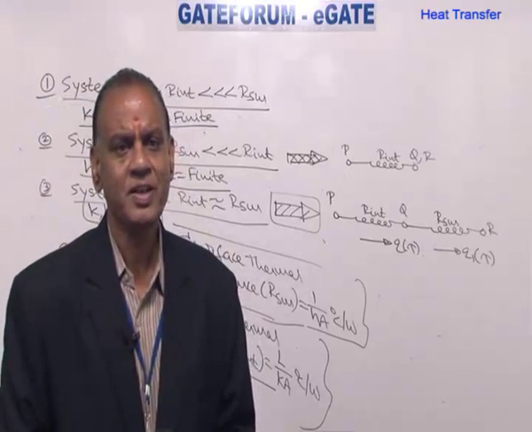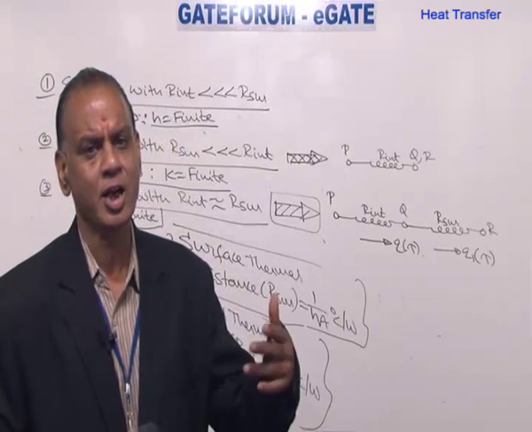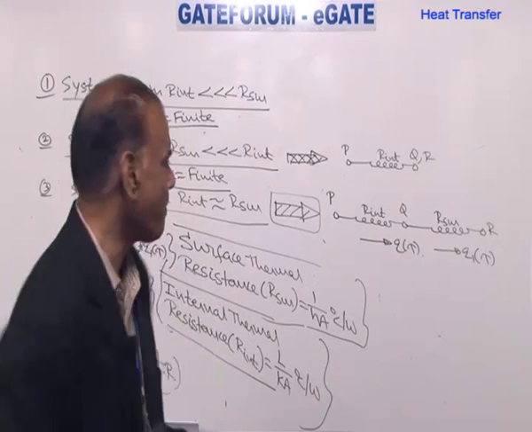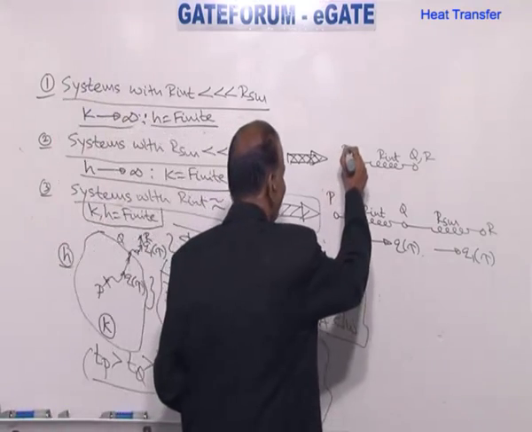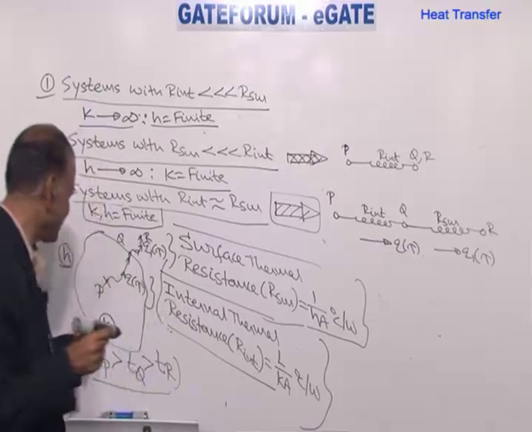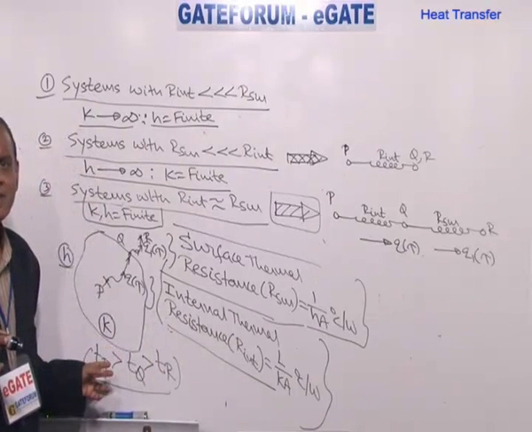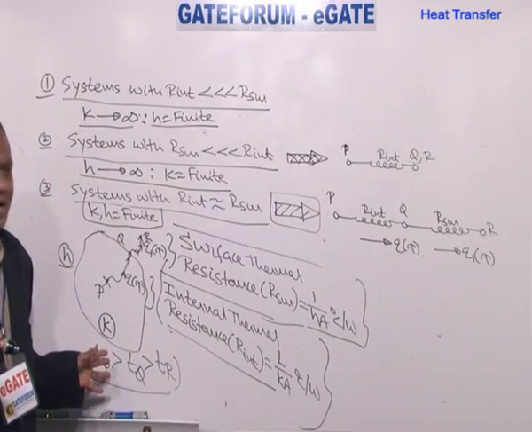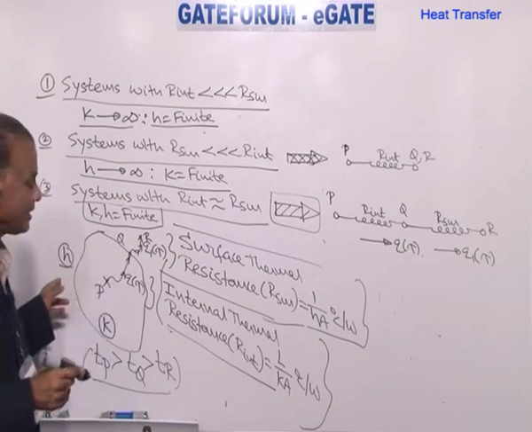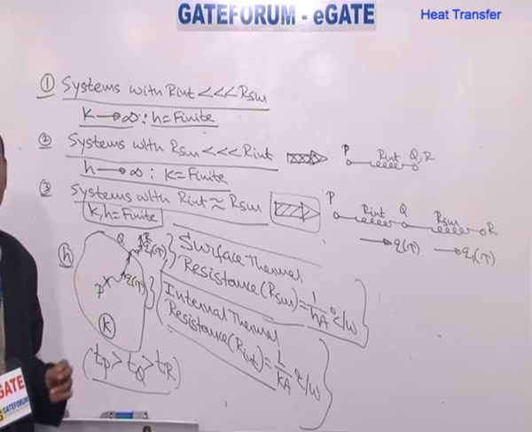Why R surface is 0? It's very, very small. Why is it very small? H is very large. Temperature is changing from P to Q inside the solid because of finite value of K. But Q is same as R, surface temperature is same as fluid temperature because H is extraordinary, surface resistance is 0.